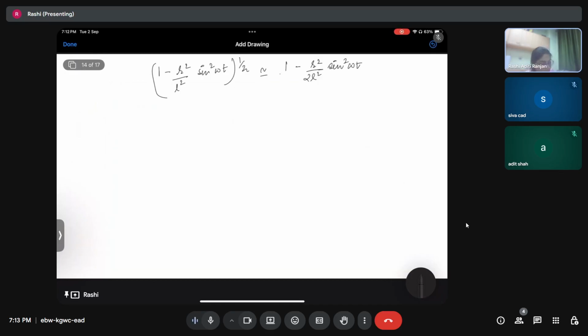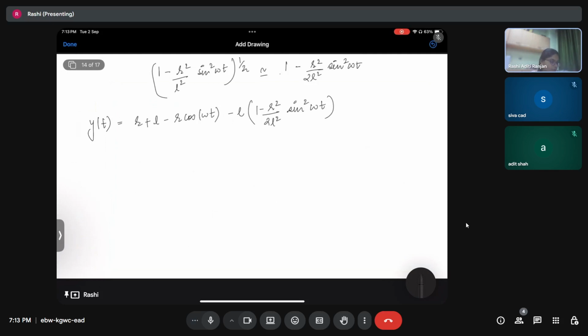So if we put it in the main equation, what are we going to get? We are going to get y of t as r plus L minus r cos of omega t minus L into 1 minus r square by twice L square sine square of omega t, right?